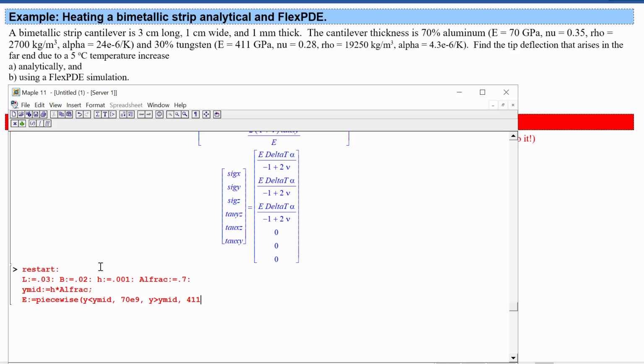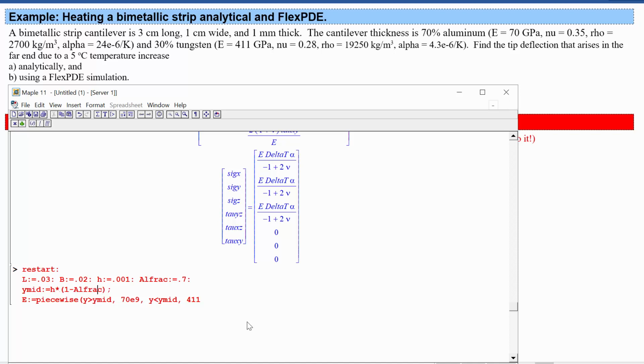Oh, wait a minute. I think we're doing this a little bit wrong. Actually, let's first go aluminum, because that's just written out first. So if Y is above Y mid, then we've got 70E9. If Y is less than Y mid, then we've got the tungsten one, and we've got to say that this is 1 minus the aluminum fraction.